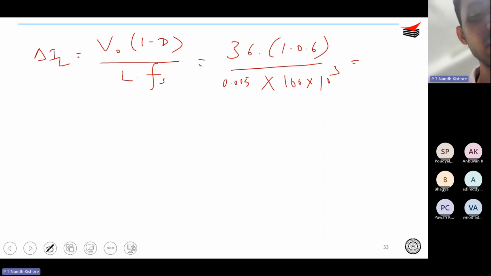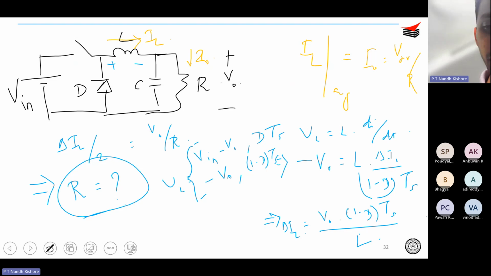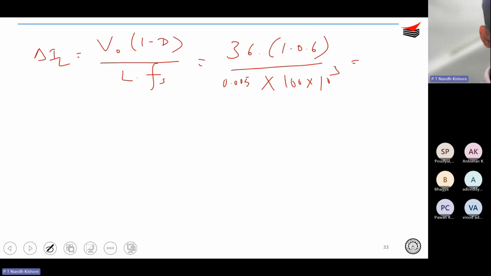What is delta IL? Once you find out delta IL, then you know that IL average is equal to delta IL over 2. Now IL average is the same as I naught average.